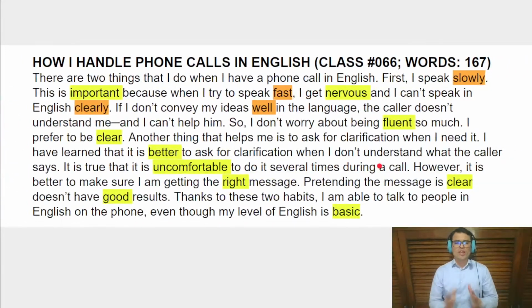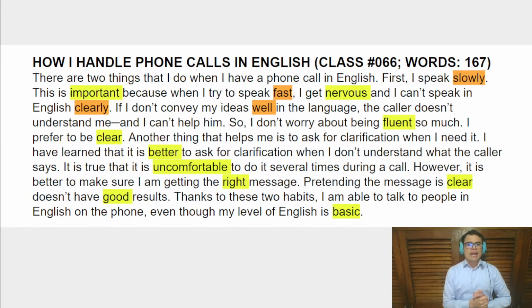Okay, so then here we have adverbs and adjectives. Remember, everything that you see in orange, every single word is an adverb. Why? Because it describes an adjective, an action. It talks about a verb. Everything that you see in yellow is an adjective. Why? Because it talks about something or someone.